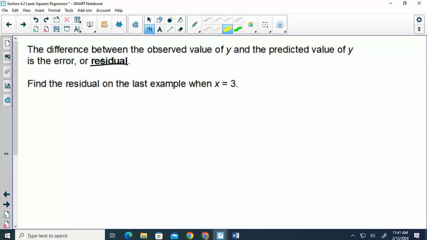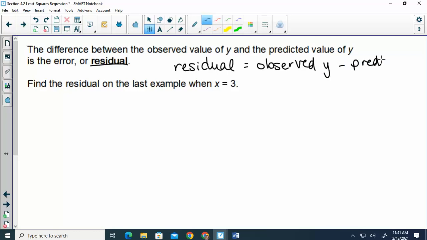So maybe even easier if you don't like writing it in words, our residual is the observed y minus the predicted y. Okay, observed, that's what really happened. If you're looking at your actual data, the actual value we had. Predicted is what our equation would have said.